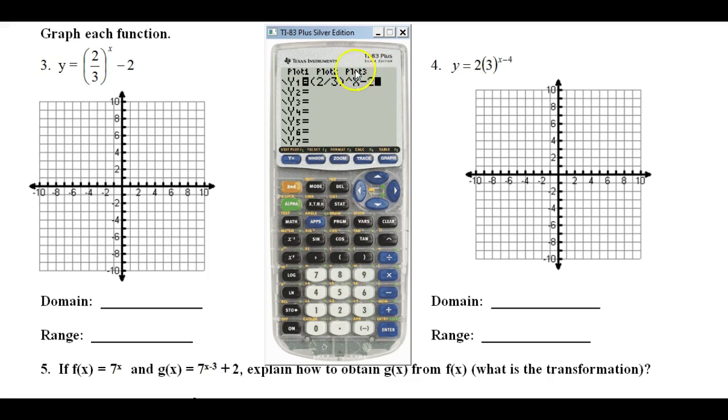Notice no parentheses up here with my x minus 2. The minus 2 is not up here in my exponent, so I leave it alone down here. So I take a peek. I notice that since it's not in the exponent, my graph shifted down 2. So let's look at our chart here.